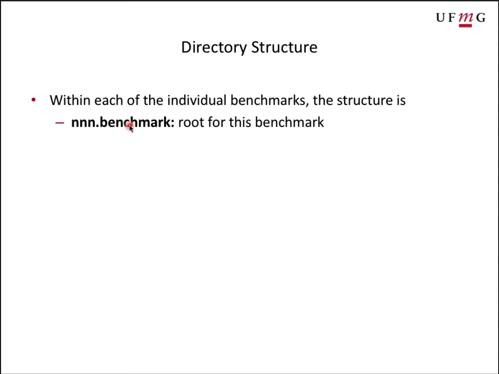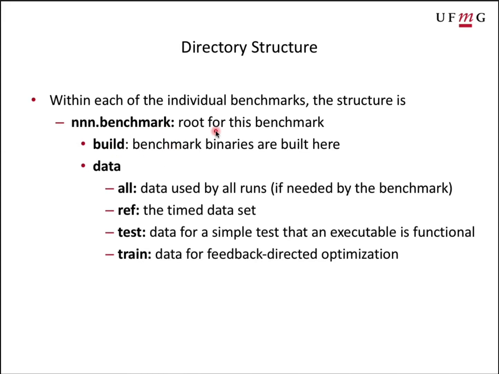For example, GCC in SPECrate integer is 502.gcc, something like that. In this directory, we have a build directory where SPEC will build the application, the program. We have some data folders for all data that are used for all runs, and then for reference, for tests, and for training.